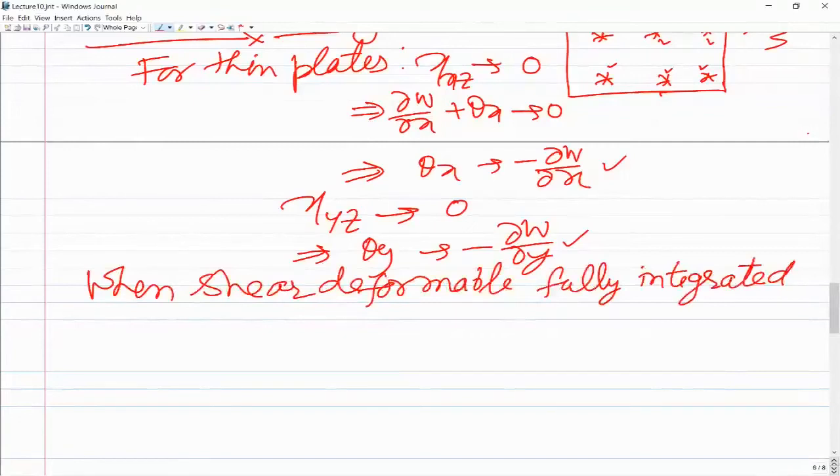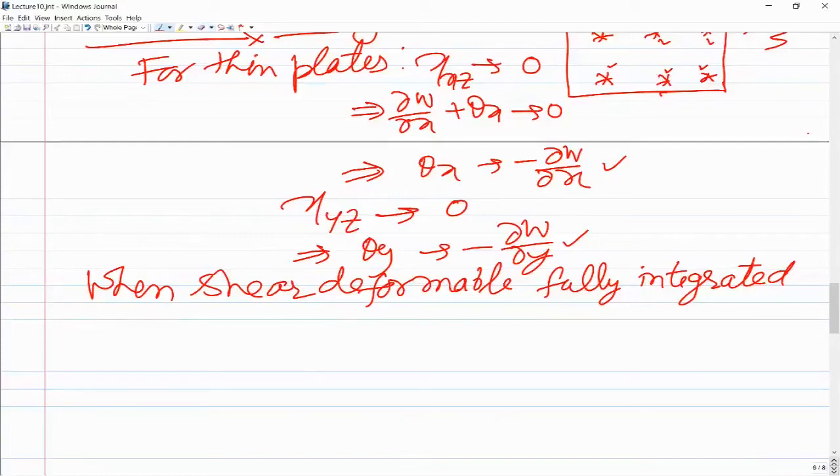So hence, fully integrated shear deformable plate bending elements. Let me also add shear deformable, I think that is important.